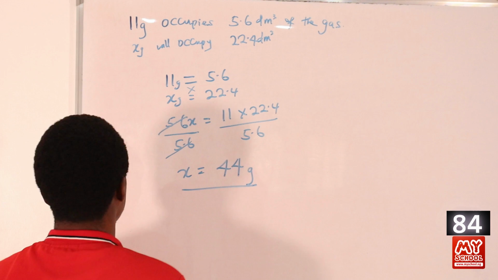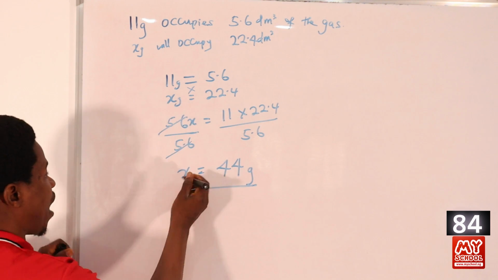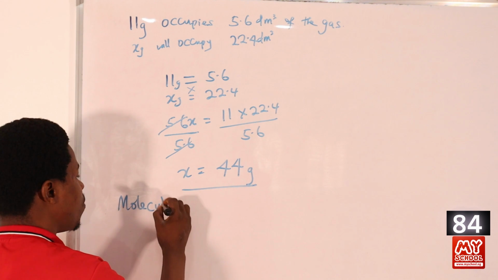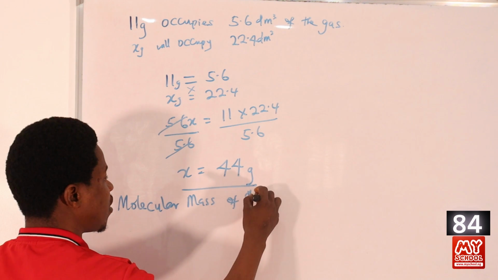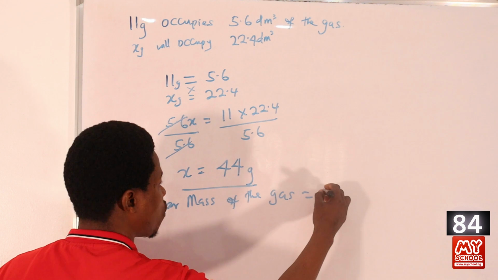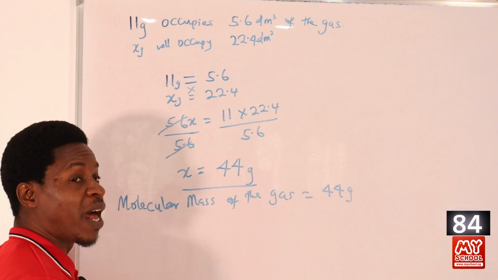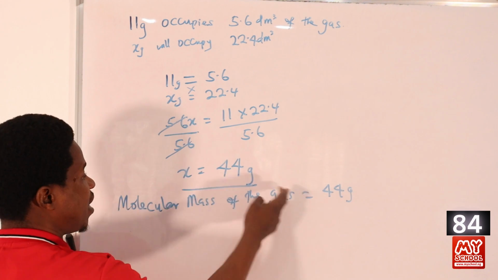But the question says we should find the vapor density. So what we have here now is actually the molecular mass of the gas. We obtained it to be 44 gram. But don't forget that there's a relationship between molecular mass and vapor density, because we are asked to find the vapor density, but what we calculated was the mass.